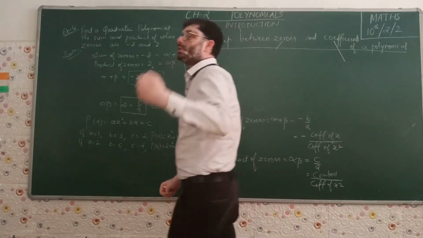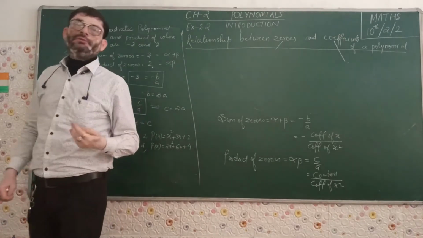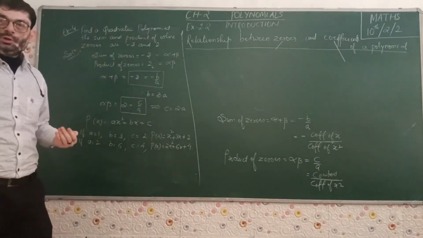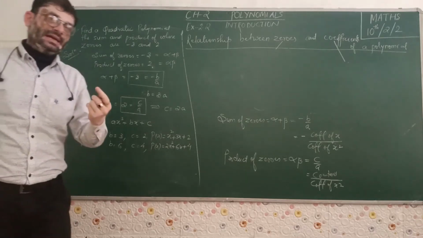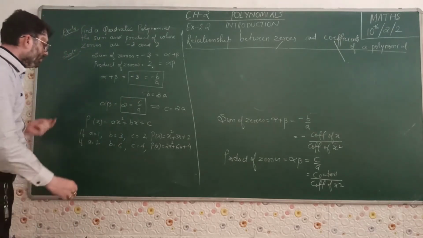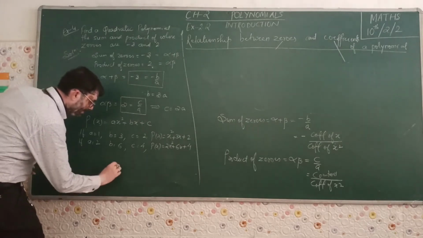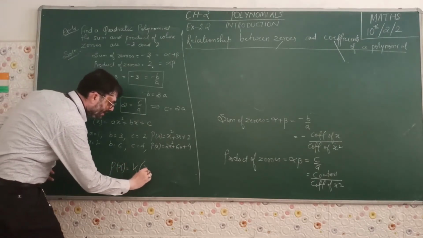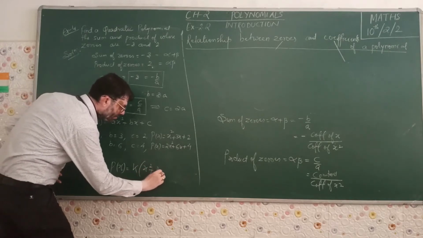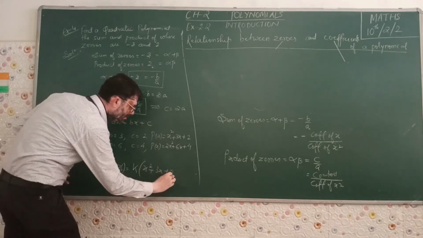That means changing the value of a will give me a new polynomial. So in general we can say if a changes k times, then the standard polynomial that we require would be p of x is equal to k times of x squared plus 3x plus 2.